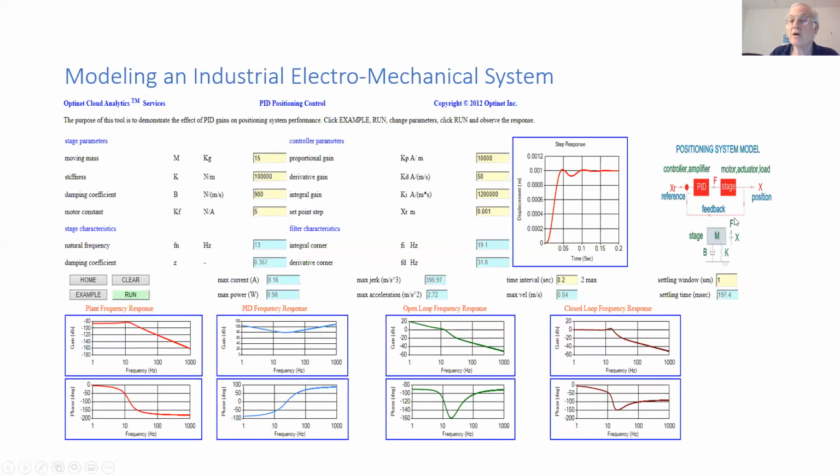They all work in a closed loop with feedback from an encoder sensor. And then we set up the parameters here automatically. With these parameters, we can get the stage characteristics, including natural frequency, over here in hertz, and damping coefficient.